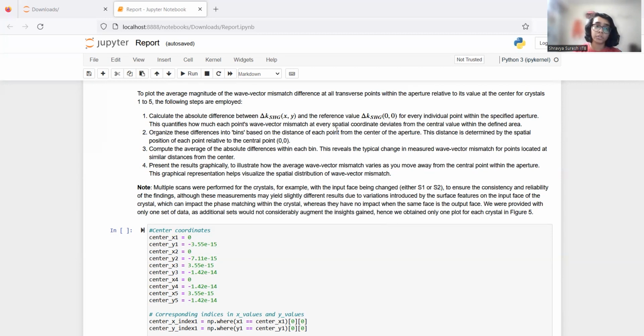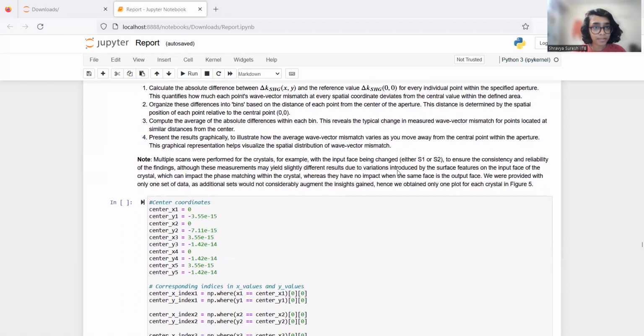So we utilized those 2 data sets as shown earlier in the CSV files, and we calculated the average magnitude of the distances and the average magnitude of the wave vector mismatch as follows. Firstly, we determined the absolute value of the difference between the delta K SHG at a given transverse point x, y and the value of delta K SHG corresponding to the center of that crystal.